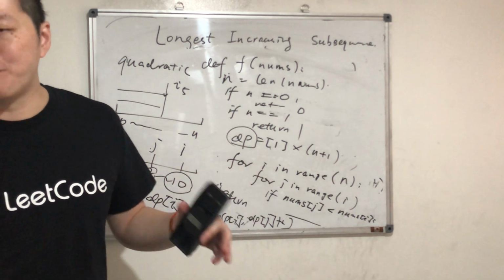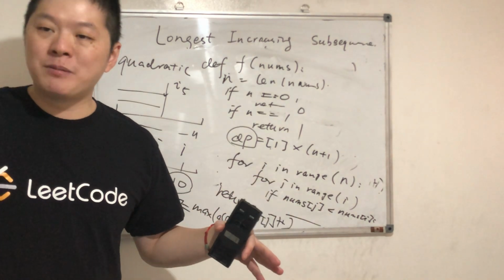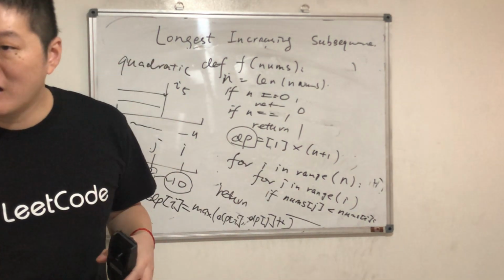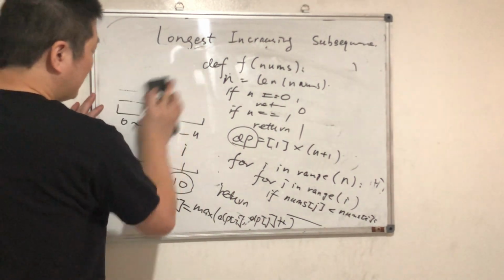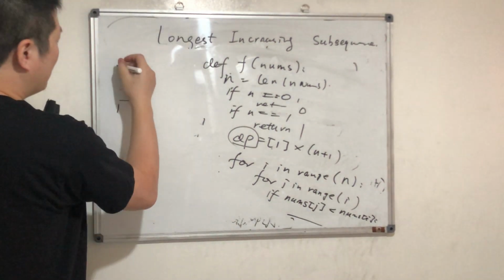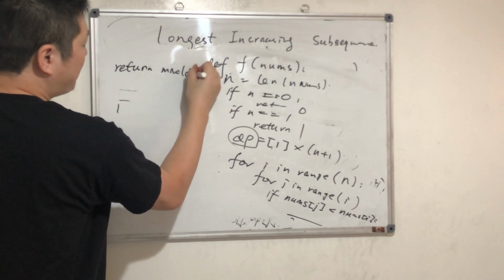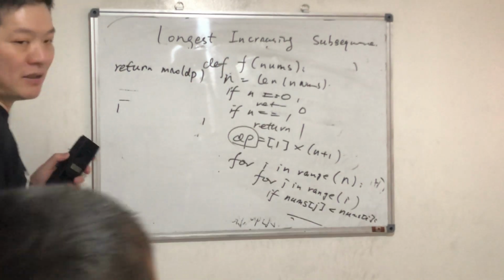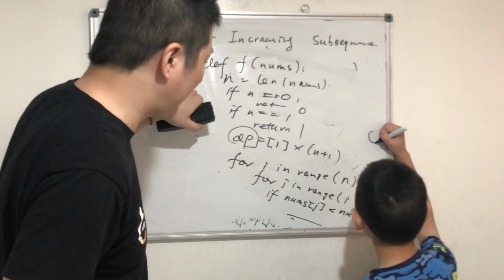So we need to find the maximum value of all the dp values: dp0, dp1, dp2, dp3. So it's not the last element. We should return max of dp, the maximum value in the dp array.